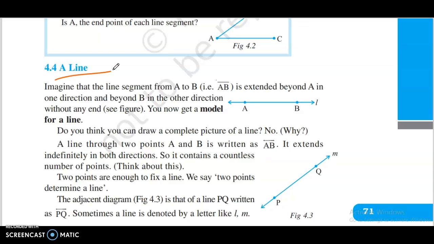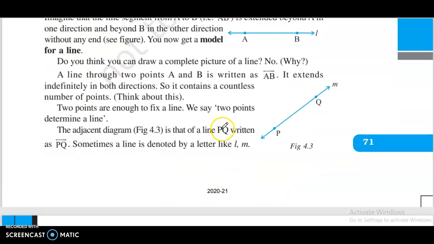Imagine that a line segment from A to B, that is AB bar, is extended beyond A in one direction and beyond B in the other direction without any end. You now get a model for a line. Do you think you can draw a complete picture of a line?